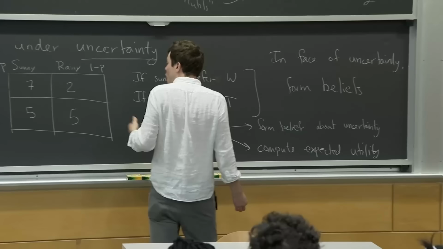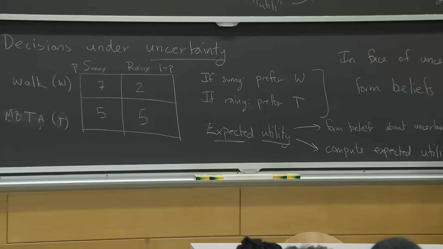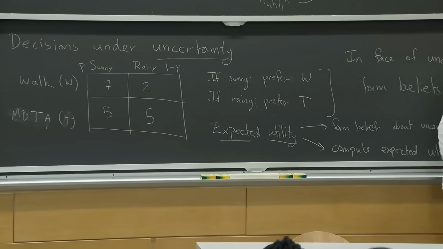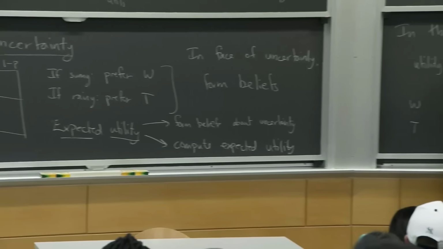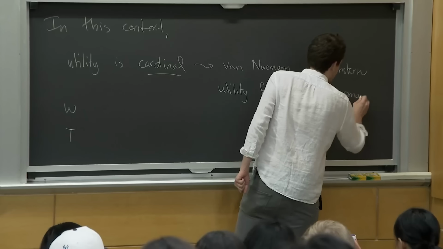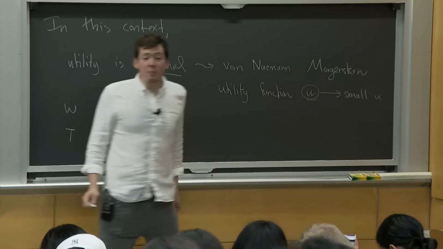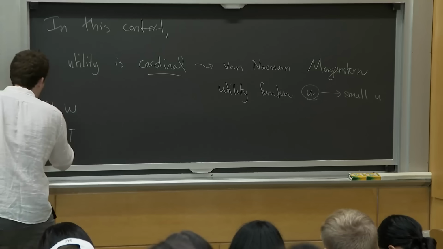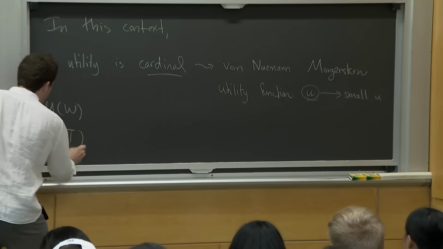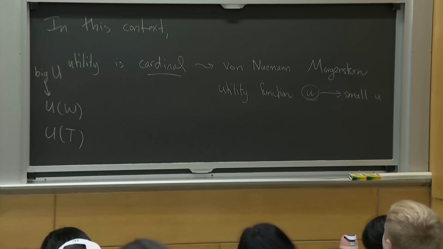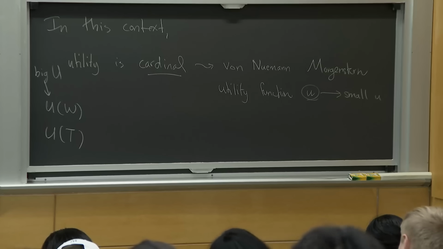So we have 2 choices. We have walking and taking the T. And what I'm generally going to use is this von Neumann-Morgenstern utility function, u. This is a small u. But then when I compute expected utilities, your expected utility is going to be a big U. So I'm going to now compute here U of walking and U of taking the T, and this is a big U. And of course, with handwriting, it's not obvious what it is, so if you're ever unsure, you can ask me.